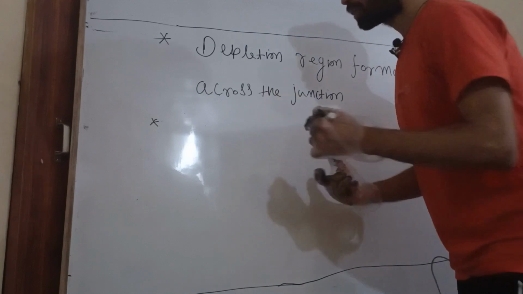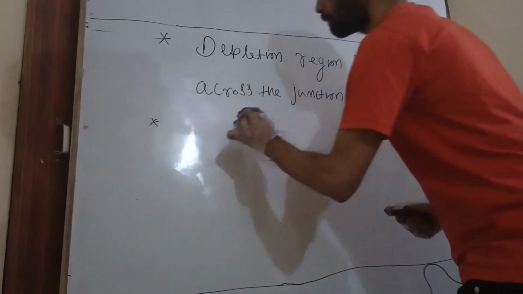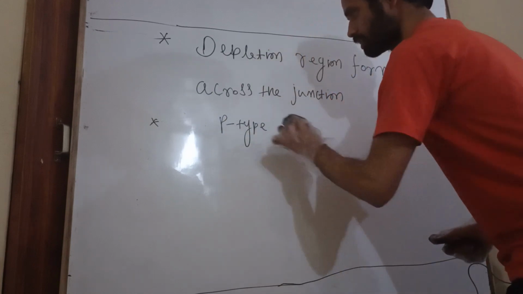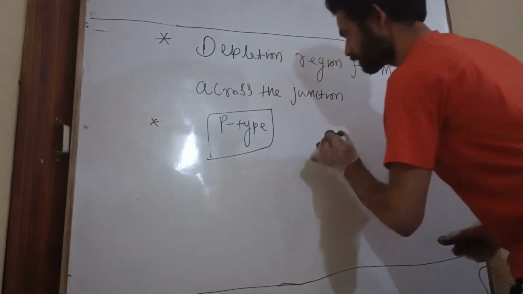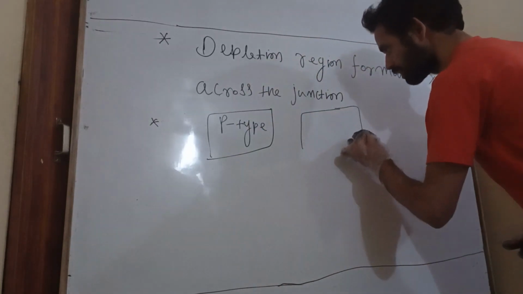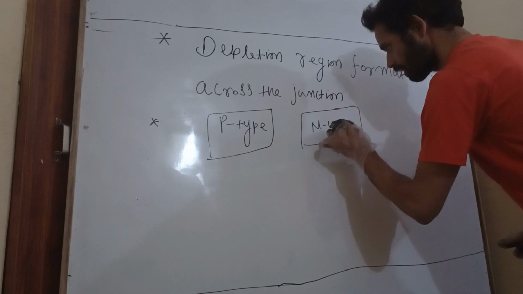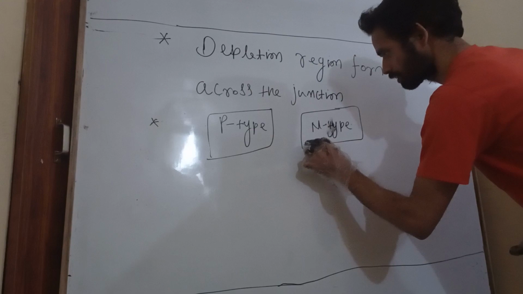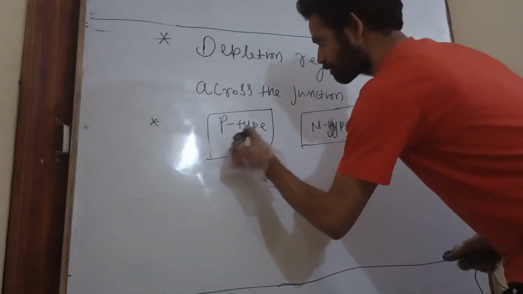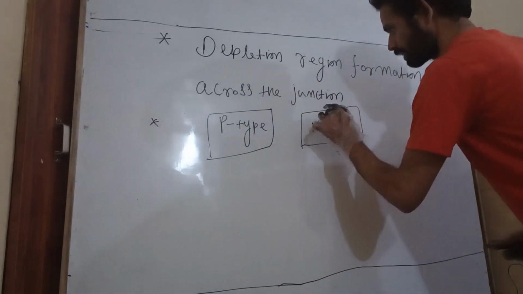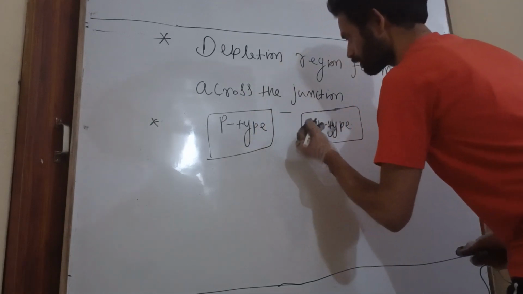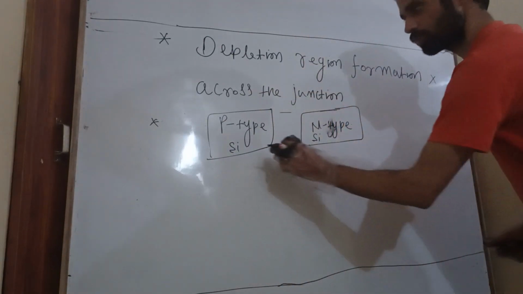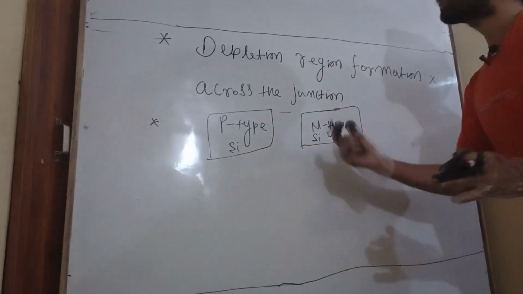How is the PN junction formed? We take one P type semiconductor and one N type semiconductor. Both are parts of a silicon crystal.